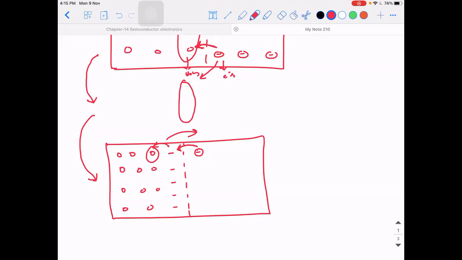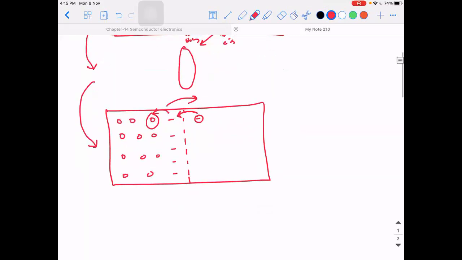So all these things are happening naturally. As soon as you created the junction, all these things will happen. As a result, when you have negative charge on this side, there should be some amount of positive charge on the N-type side. Right?